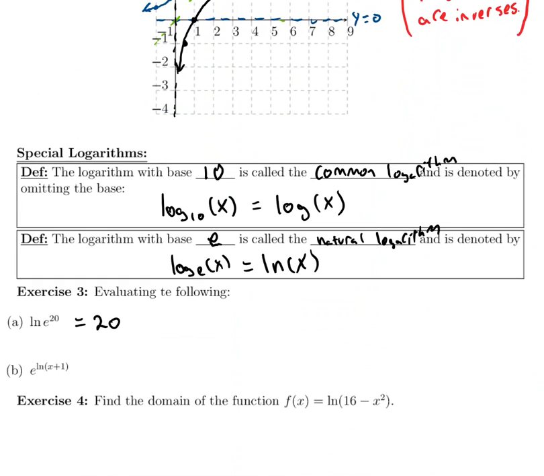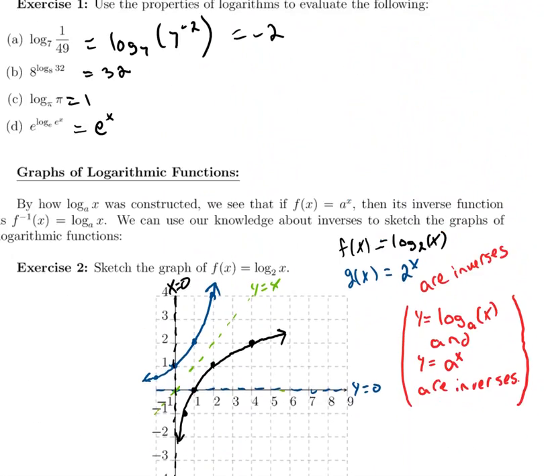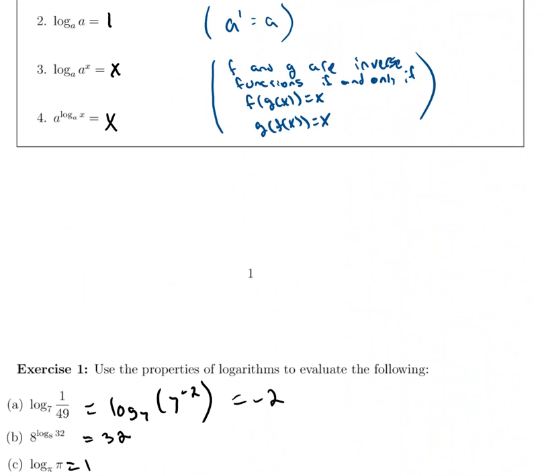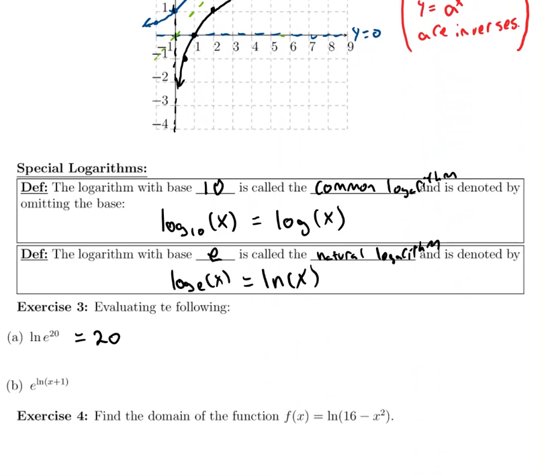e to the natural log of x plus 1. Again, our properties. This is property 4, so it's just going to give us back out what's inside of that logarithm in the power. So it's going to just leave us with that x plus 1. And while it's not proper to say this, whenever you have a logarithm with a base and an exponential function with that same base, I usually say they're effectively canceling each other out.